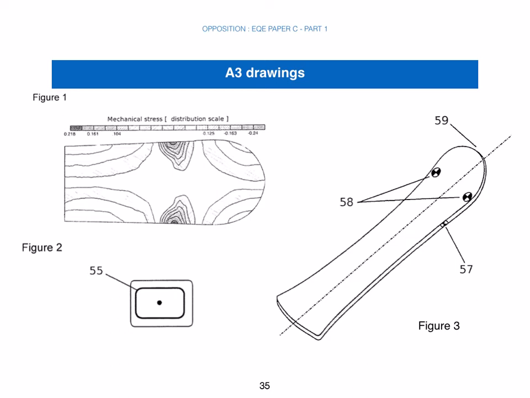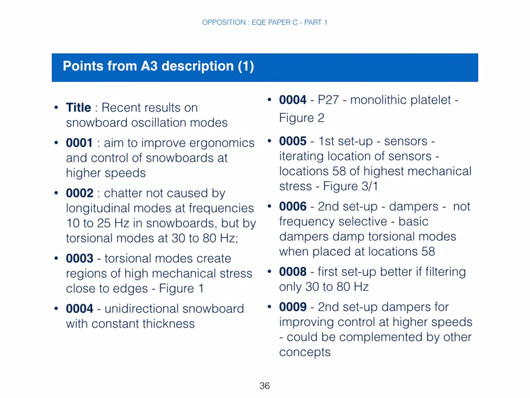Let's now read A3 to find out. The title is promising: Recent results on snowboard oscillation modes. Paragraph 1 aims to improve ergonomics and control of snowboards at higher speeds. That sounds interesting.